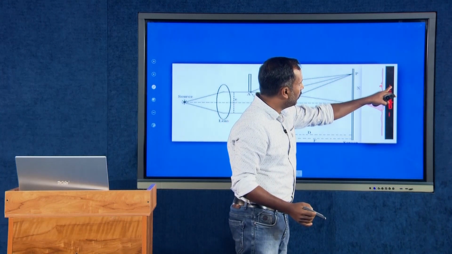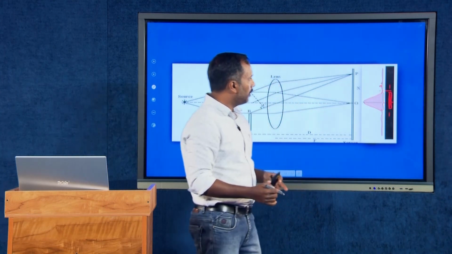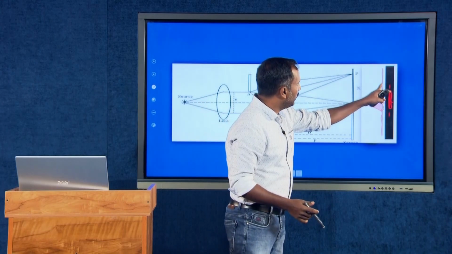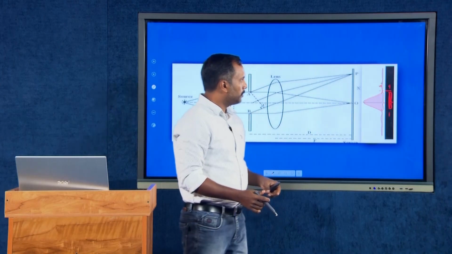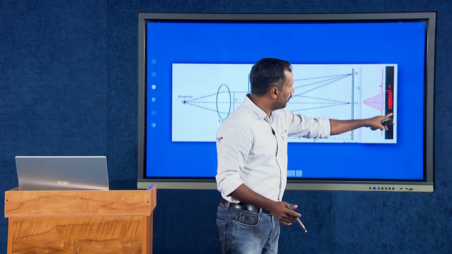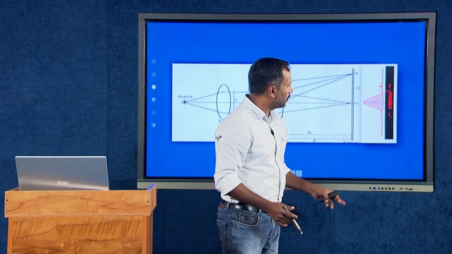You see how this looks in a real view. Here it is the intensity, but here it is very small in comparison with the central maxima. On both sides of the central maxima we can observe the secondary maxima.